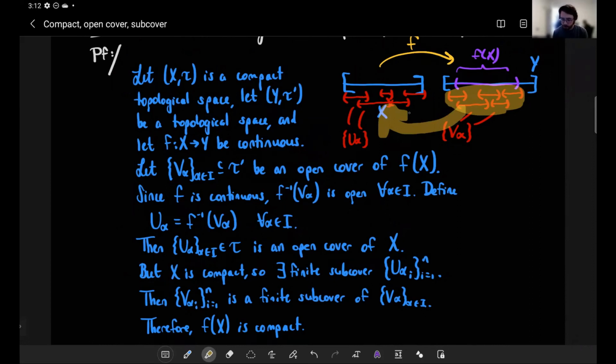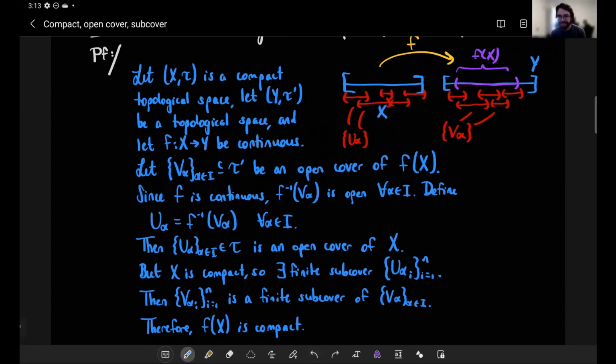Since that space is compact, you can throw out a bunch of those, just retain finitely many open sets, which are still covering X. And since they're still covering X, their corresponding finite subcollection in the codomain still covers the image of X.